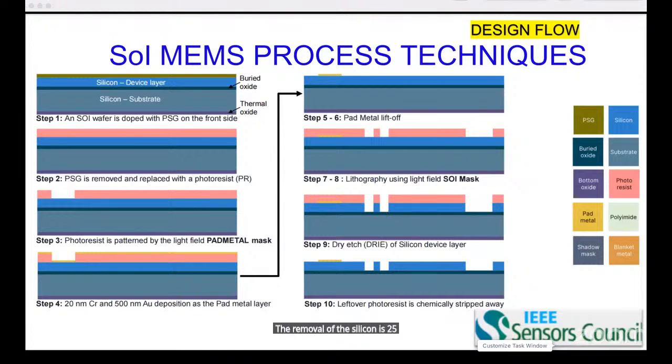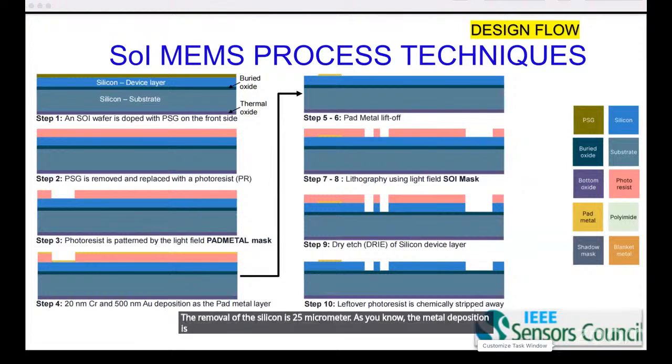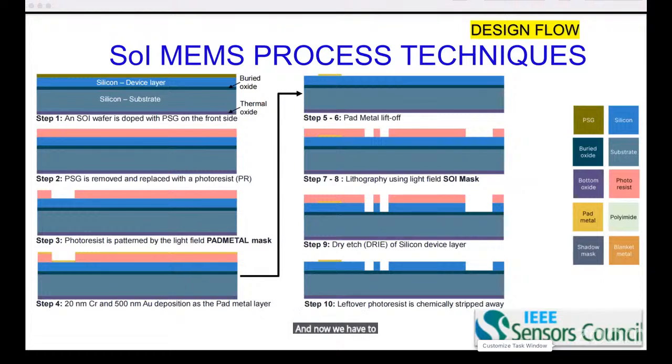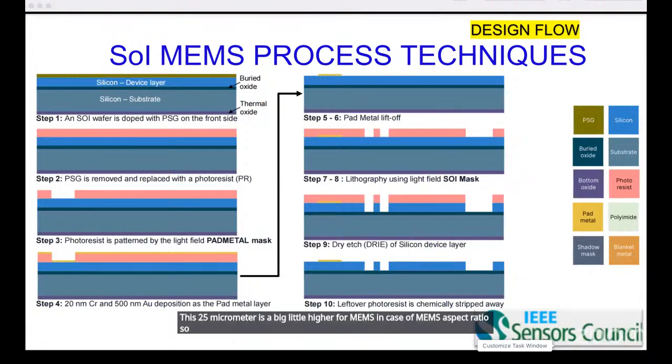As you know, the metal deposition is 520 nanometers of chromium and 500 nanometers of gold. That's why it is a deposition. And now we have to etch 25 micrometer. It sounds small to us, but this 25 micrometer is a little high for MEMS, in case of MEMS aspect ratio. So we will be using deep reactive ion etching, which is one of the etching techniques.